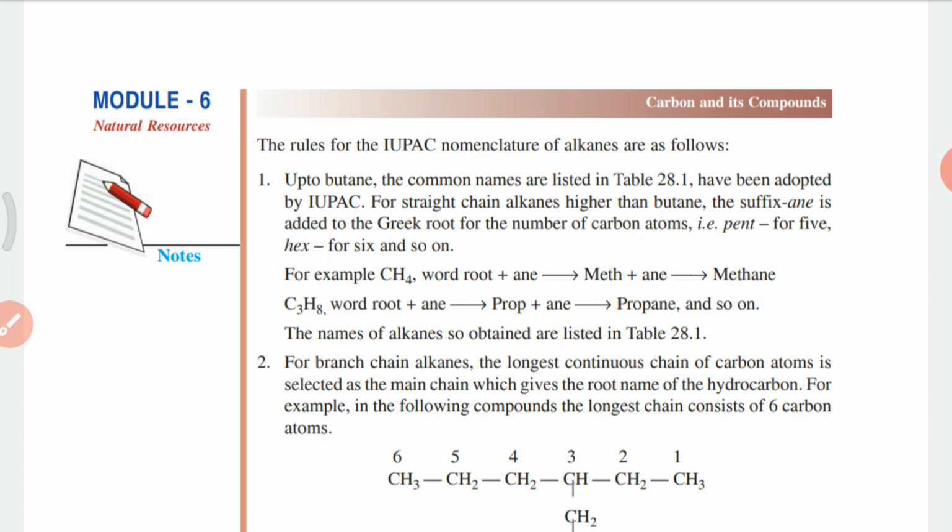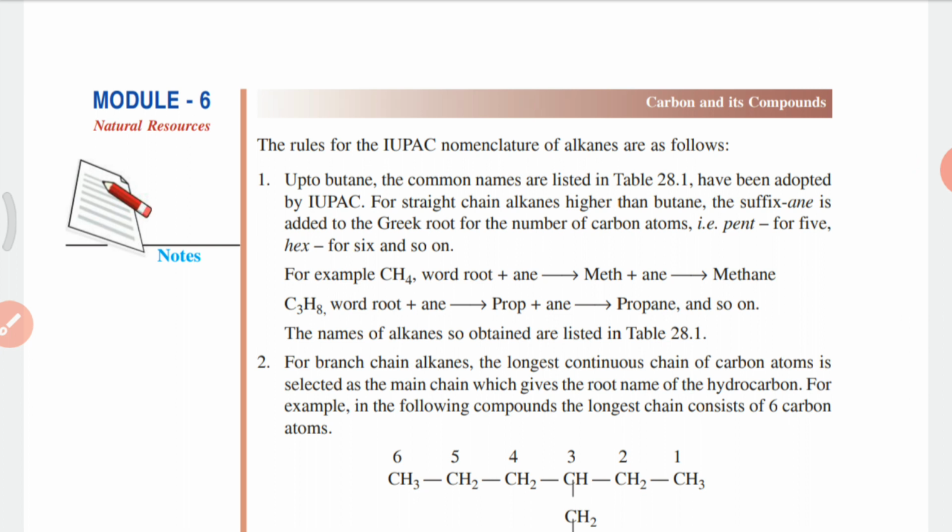Starting with this number of carbon atoms, we add ANE for alkanes. So a carbon compound which contains 5 carbon atoms is named pentane. Its name starts with the word root pent and ends with ane: pentane.